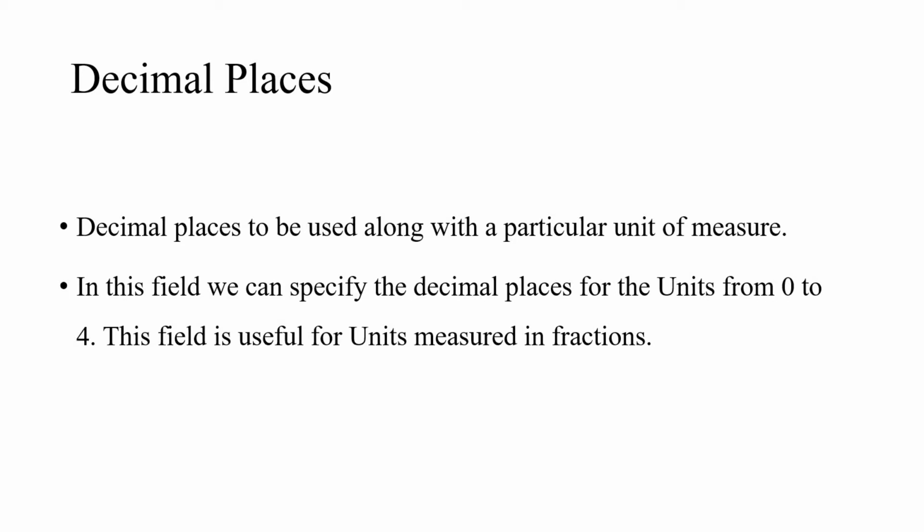In this field, we can specify the decimal places from 0 to 4: 0, 1, 2, 3, 4. Above 4 is not allowed. This indicates that we can have decimal places up to 4. This field is useful for units which are measured in fractions.